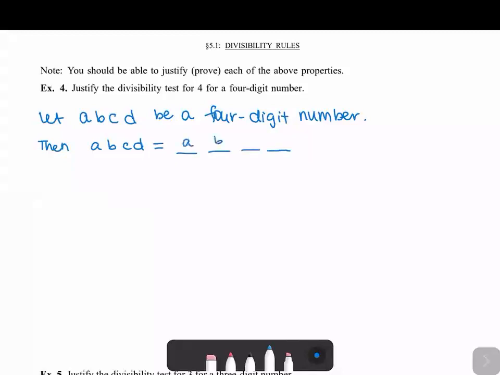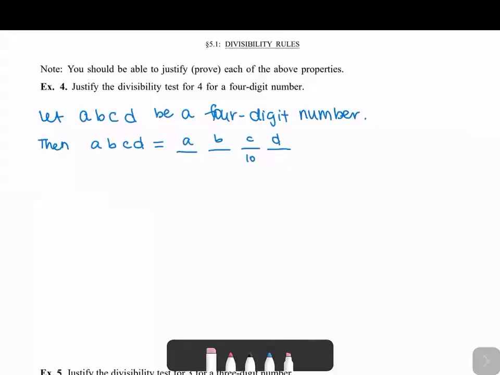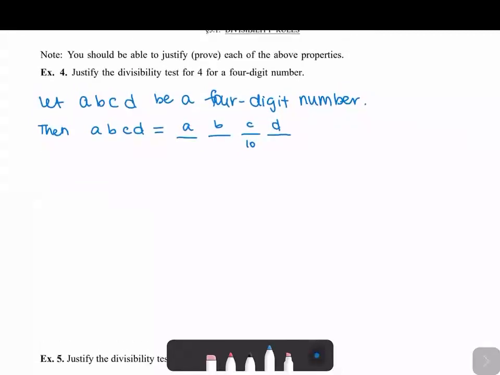So we have A, B, C, D in the ones place, the tens place, the hundreds place, and the thousands place. So when we write this in expanded form, this is just A times 1,000.